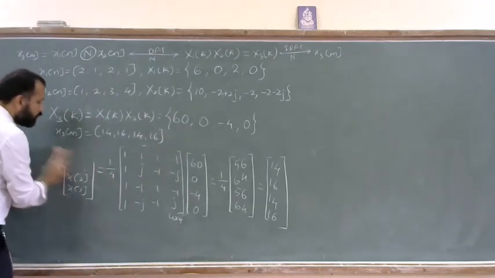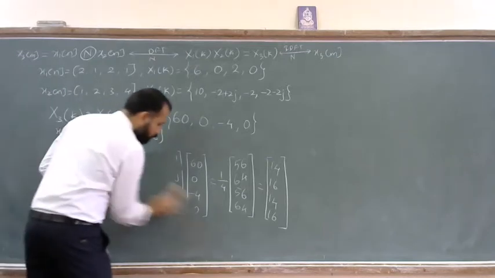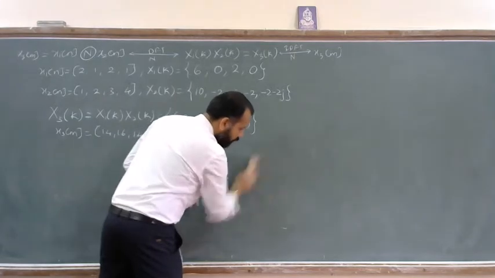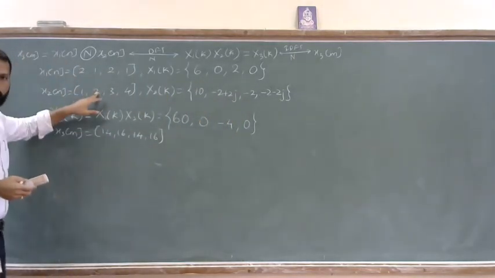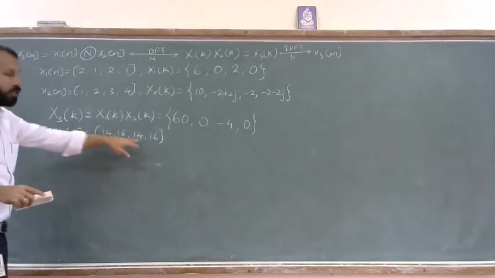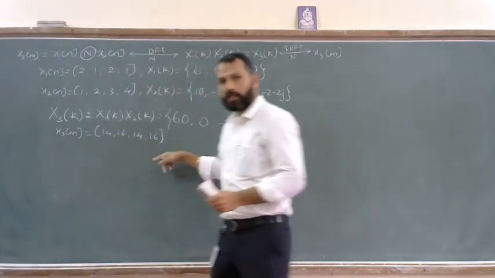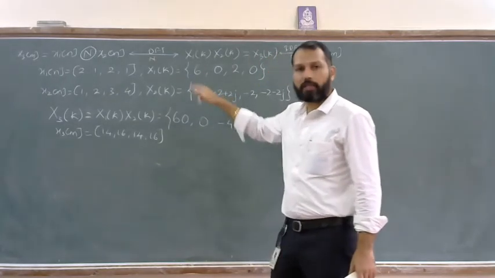Is this the same result that you obtained in the first problem of circular convolution? We had used the same two sequences and the result was 14, 16, 14, 16 itself. Here also it is 14, 16, 14, 16, but this is obtained by using the DFT and IDFT method.